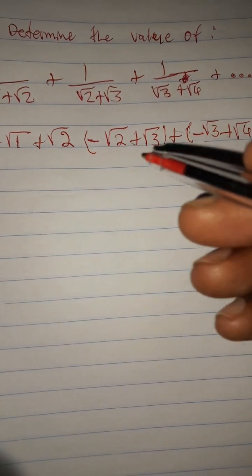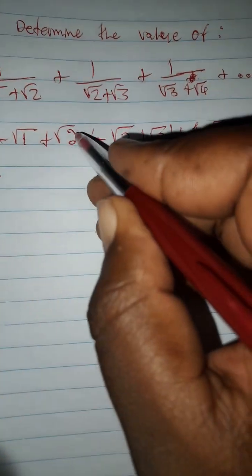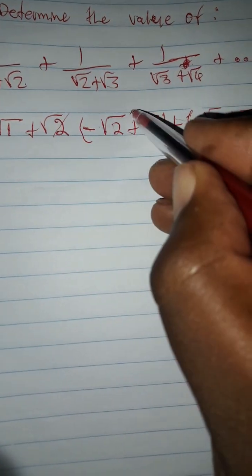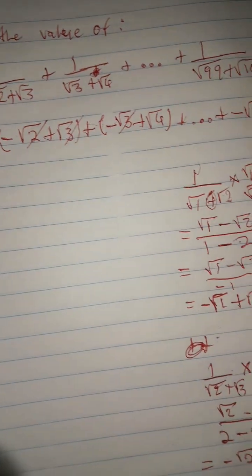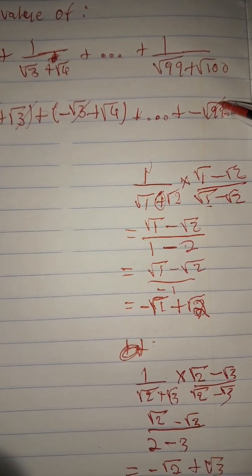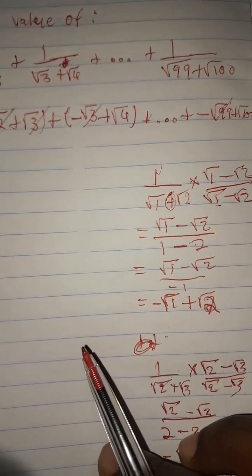So when you are here, this is what you should do. We are going to add the like terms. We can see that √2 and √2 will cancel each other because negative √2 plus √2 is 0. Similarly, √3 and √3 will cancel each other. Similarly, the other consecutive terms will cancel, including negative √99.